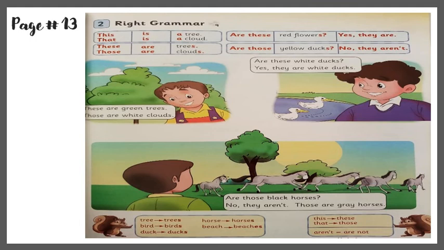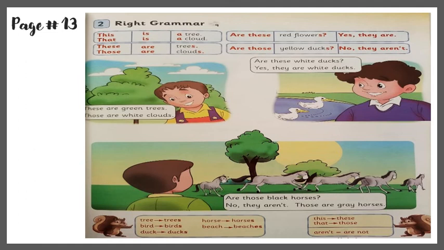Green trees. Trees are more, so the boy used these. Clouds are in large numbers, so he used those are white clouds. You can see there are 2 ducks, so the boy used these.